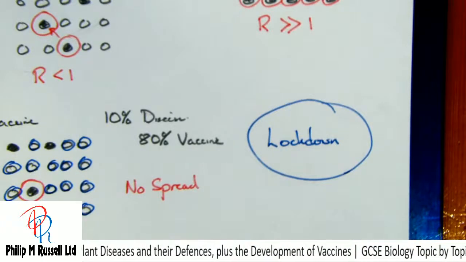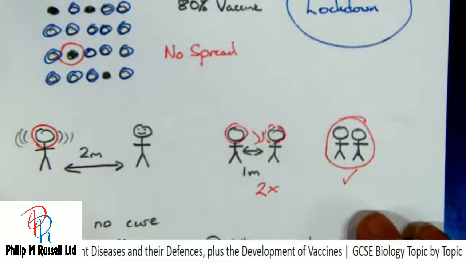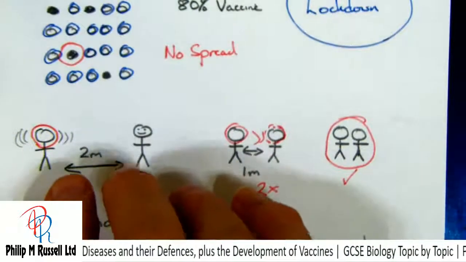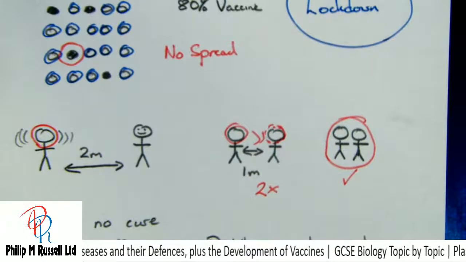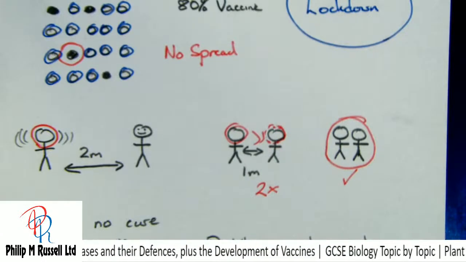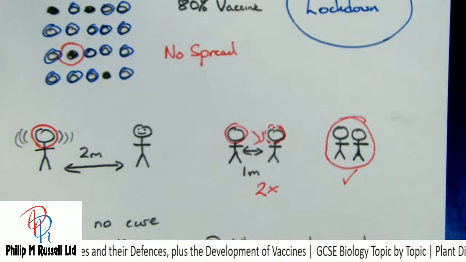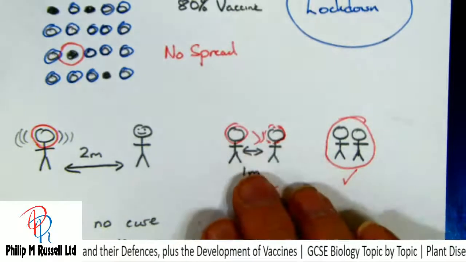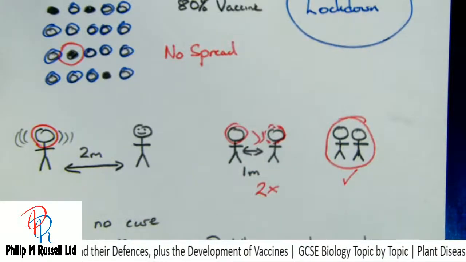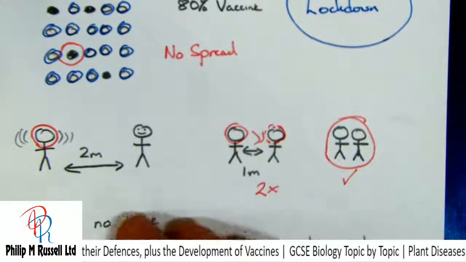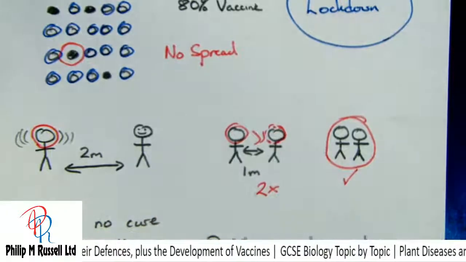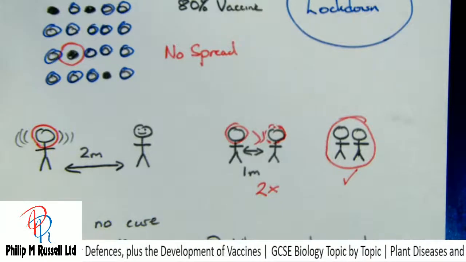If we are now out in the wide world, then keeping our distance is the most effective way. Get closer and closer, the more likelihood of the disease being transferred.